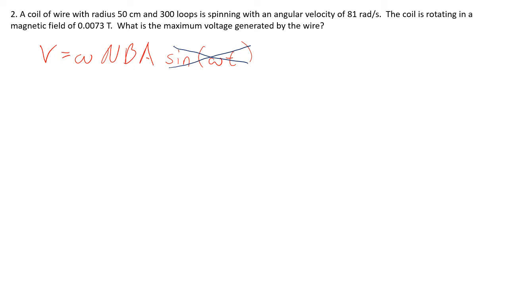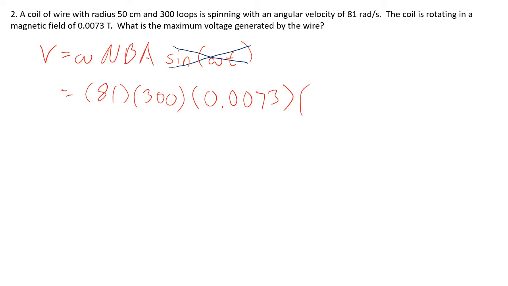So again, we'll just substitute in here. We have our angular velocity is 81 radians per second. Number of loops is 300. Magnetic field is 0.0073 Teslas. And last, we need to find the area of that wire, so that's going to be pi r squared.